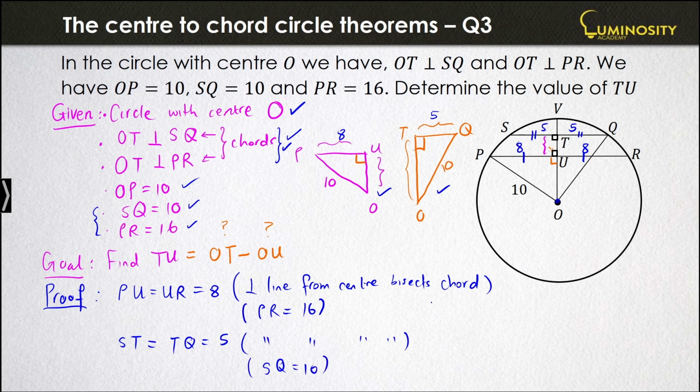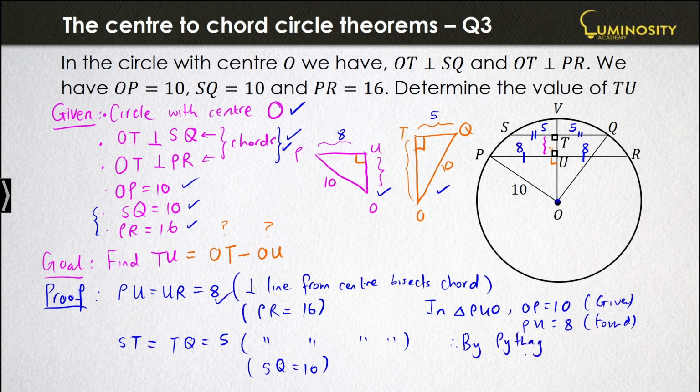We can therefore say in triangle PUO, we have that OP equals 10 units, that was given, and PU equals 8, that was found by this information here, and therefore by Pythag, we can solve for the length of OU. So OU squared plus 8 squared equals 10 squared.